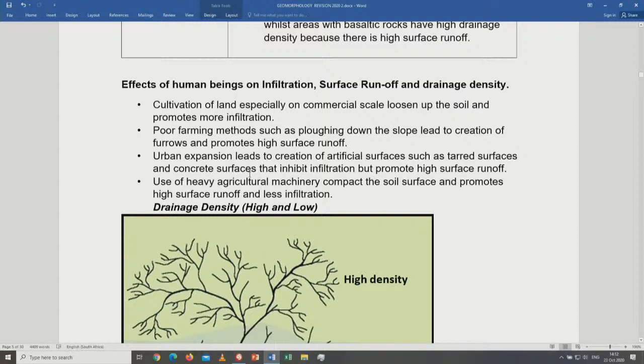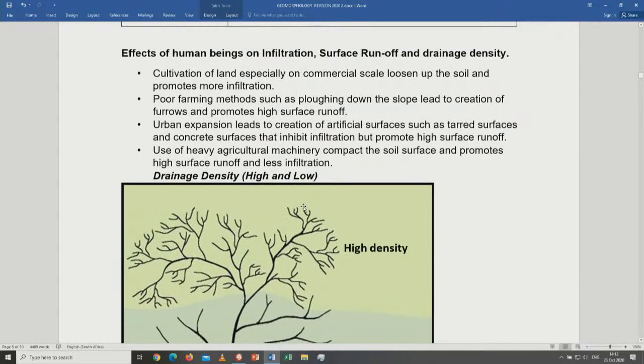It will flow on top of those artificial surfaces. Use of heavy agricultural machinery compacts the soil surface and promotes what? High surface runoff and less infiltration. So I hope you are still following me, grade 12s.